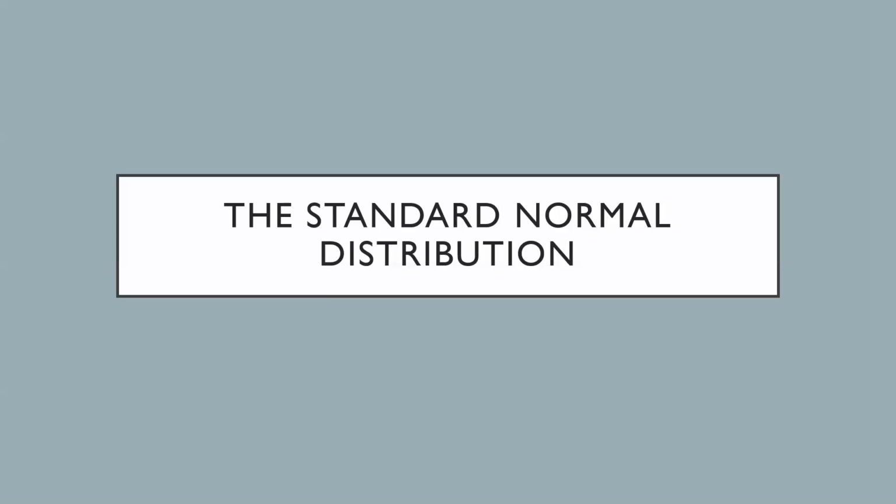So to solve these problems going forward, there are two ways we're going to do them. The first way is by hand, and I'm going to teach you how to read a statistical table. It's very fun.